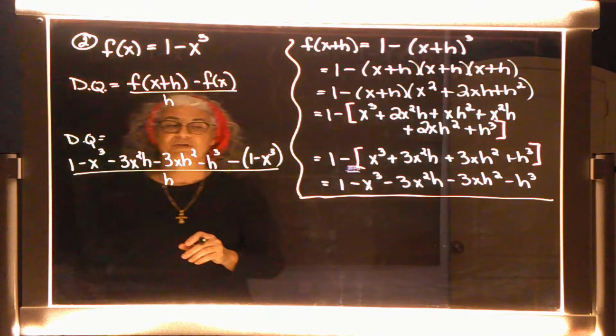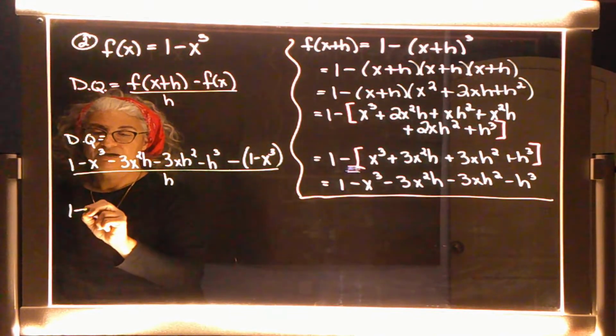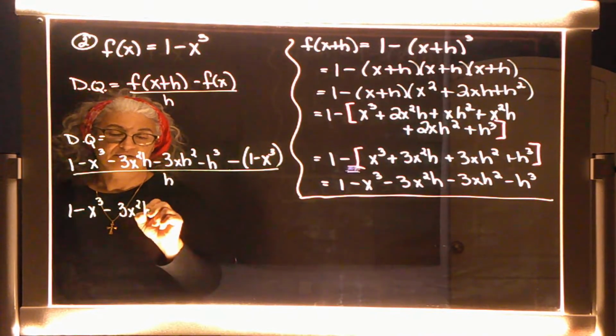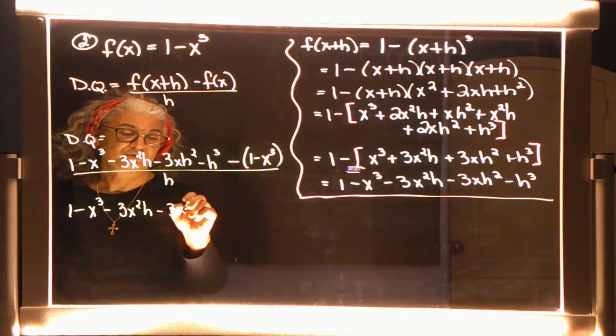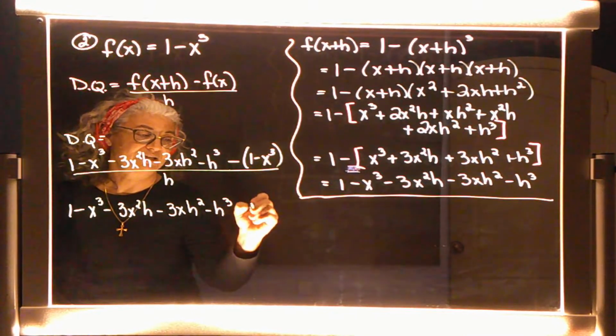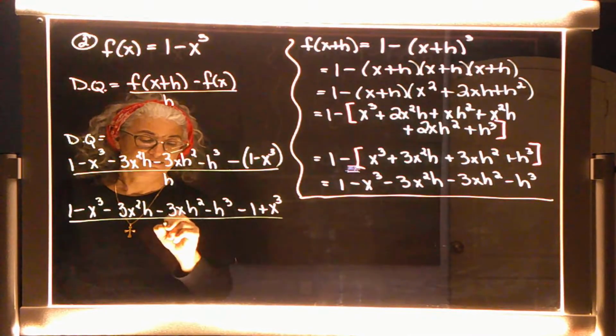Good? Okay, so I need to simplify that numerator a little bit more. And in actuality, the part that usually ends up needing the simplification is what's following this minus sign over h.